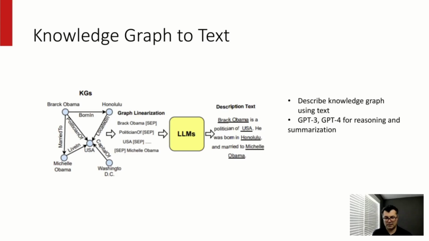And here it generates a text description of what the knowledge graph contains. That's a pretty vanilla type of task for a large language model. If you're using GPT-4 or 3, that would be a really good place to use it, because you wouldn't need to do a lot of training for this.